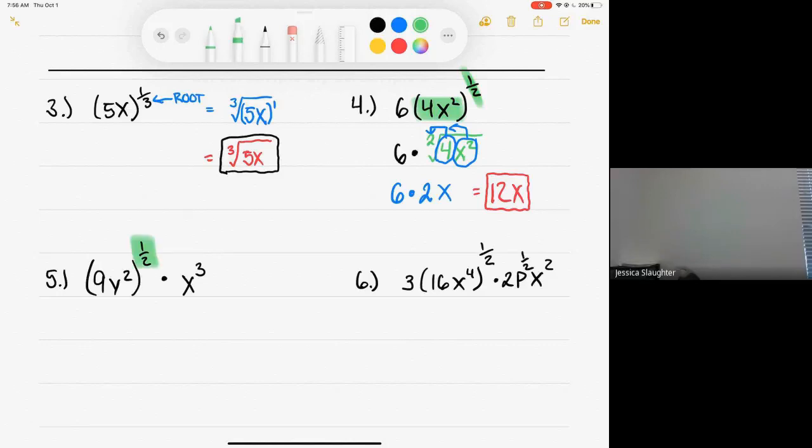It does not affect x cubed. So I'm going to take the square root of 9y squared, since that's what's inside the parentheses. Then I'm going to multiply this by x cubed. So can someone tell me what should be written right underneath this line?